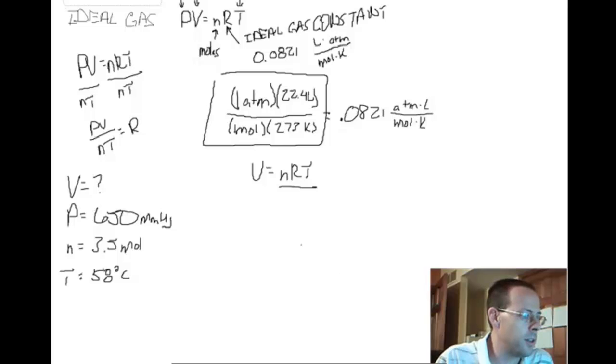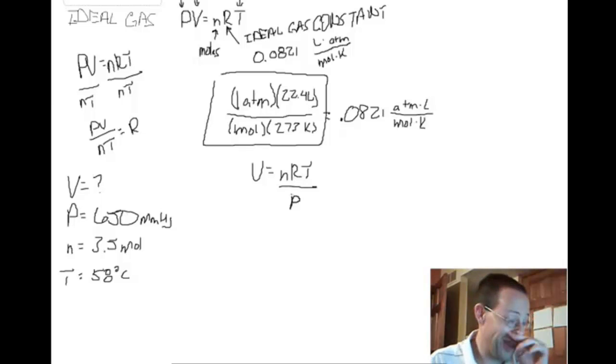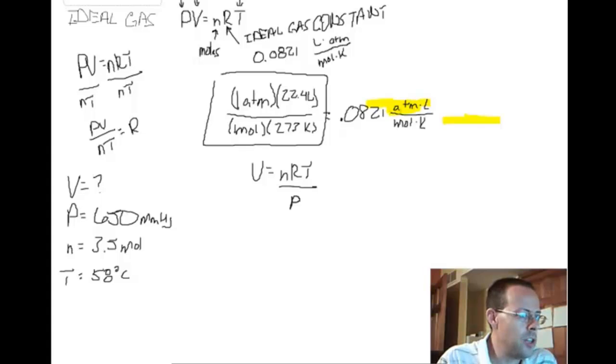So I can write my V back again that I just erased. Alright, so I need to put in moles, I need to put in temperature, and I need to put in pressure. Because our units for the ideal gas law are atmospheres, liters over moles Kelvin, though, I need to make sure the units that I put in match the units for the ideal gas law. So these units are incredibly important.